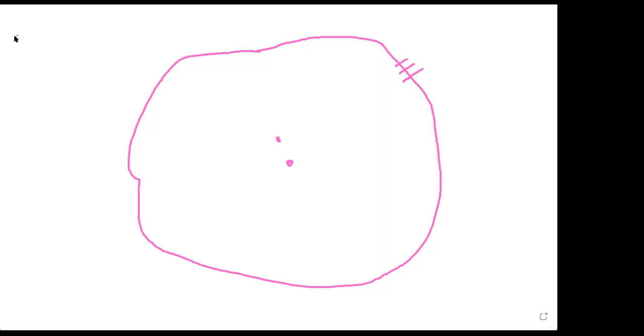So supposing we look at a ball in R^d, so it's a ball with a nice boundary, then we know that when Brownian motion leaves that ball, the harmonic measure is nice and smooth.